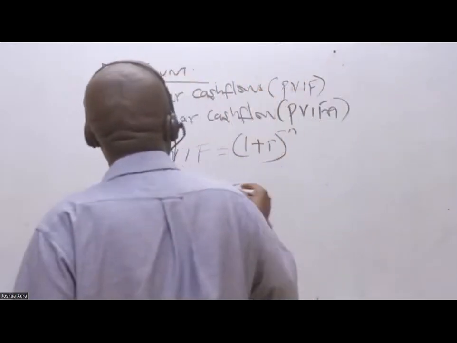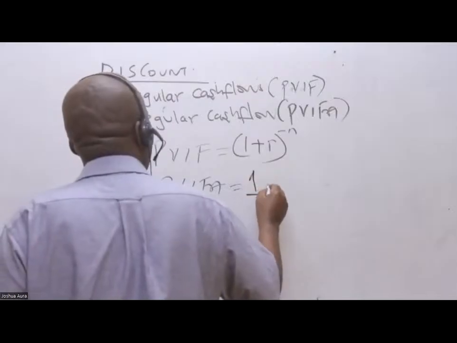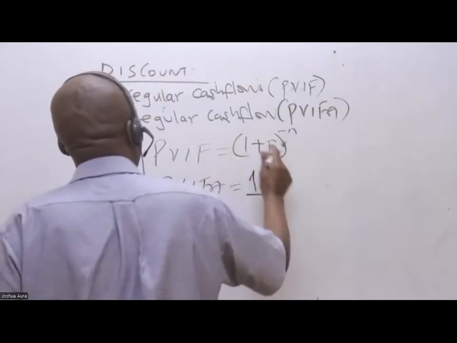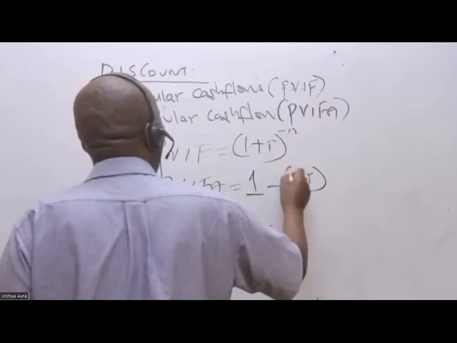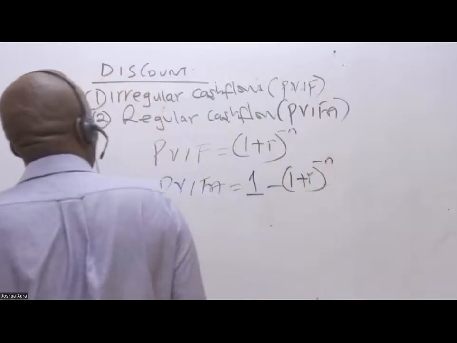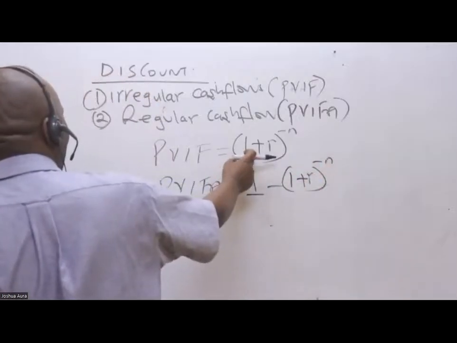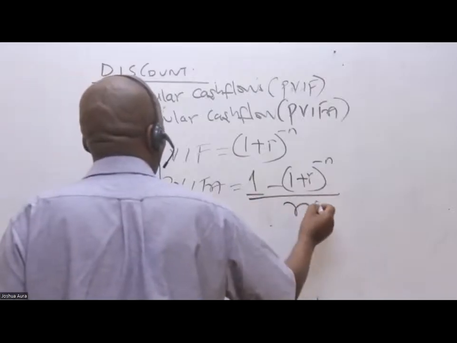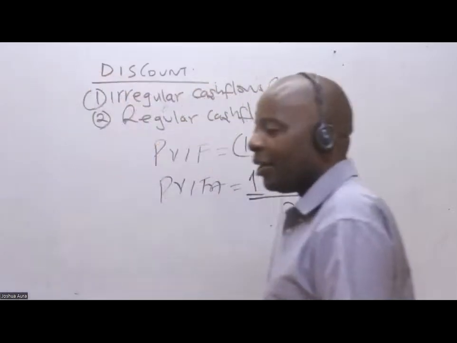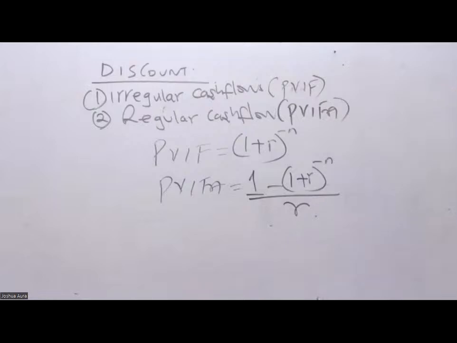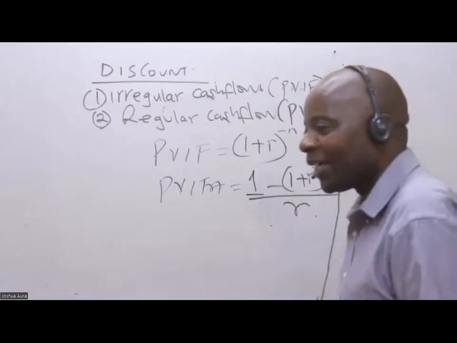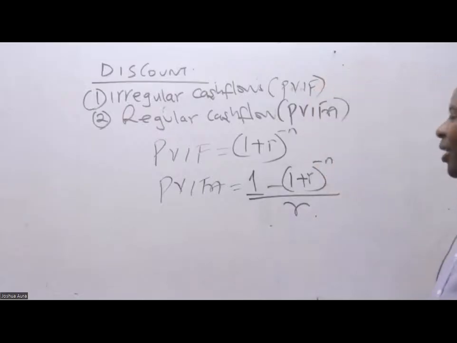So to get PVIFA, we normally say 1 minus this easier formula, and then everything you divide by R, like that.